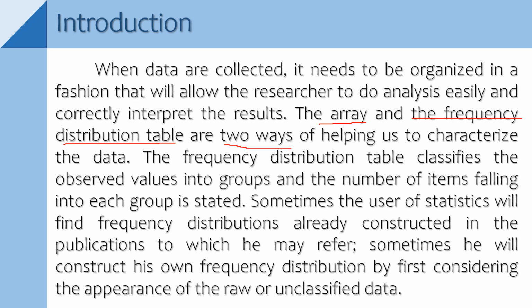Sometimes a researcher or statistician will construct his own frequency distribution by first considering the appearance of the raw or unclassified data. So from the raw data or unclassified data, that is what the researcher or statistician will use to create a frequency distribution table.